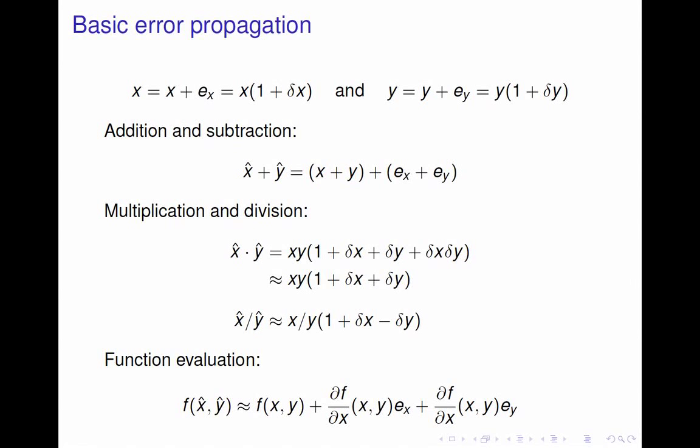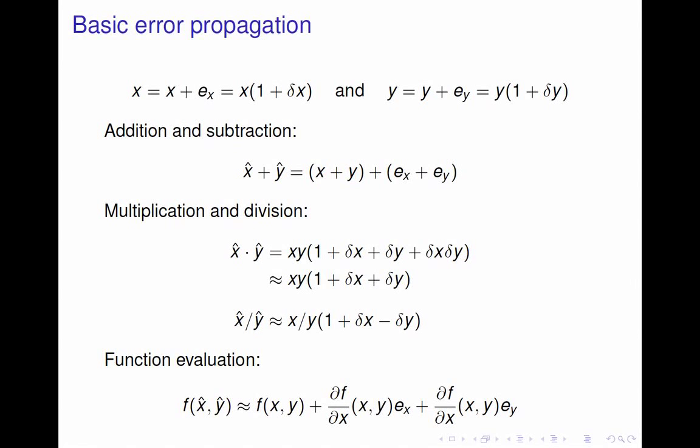So it's f of x, y plus the partial with respect to x times e sub x plus the partial with respect to y times e sub y. All of this is basic calculus, and the assumption that we're making, which is reasonable for many applications, is that we can throw away the higher order terms. They don't really matter.